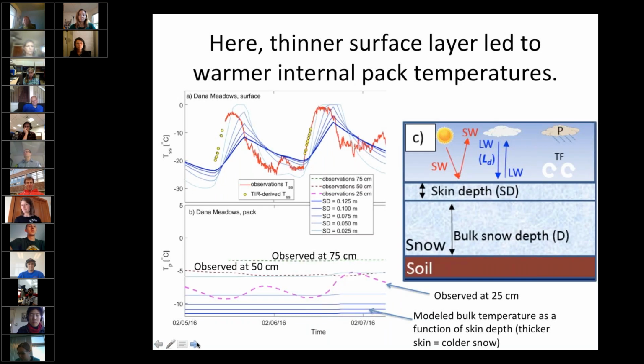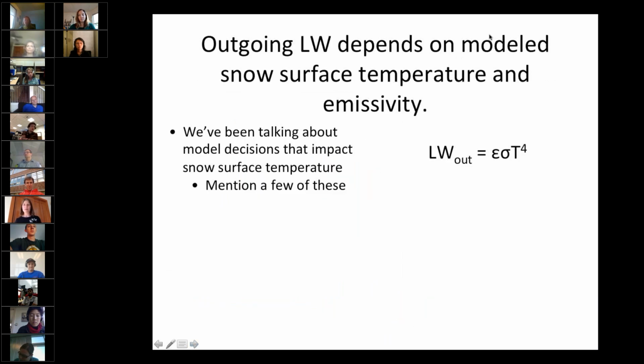All right, so does that matter? If what we want to know is when does the snow melt and stream flow timing, how does that work? Another thing, if we're thinking about the snow surface temperature, is the outgoing long wave radiation, our radiation lost to the atmosphere, is going to depend on our modeled snow surface temperature and emissivity.